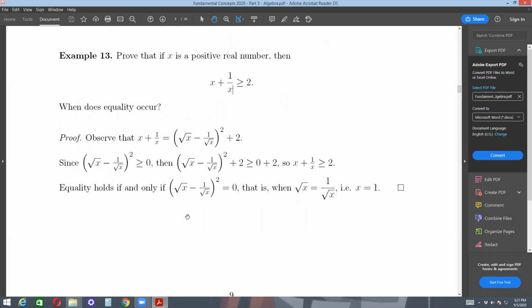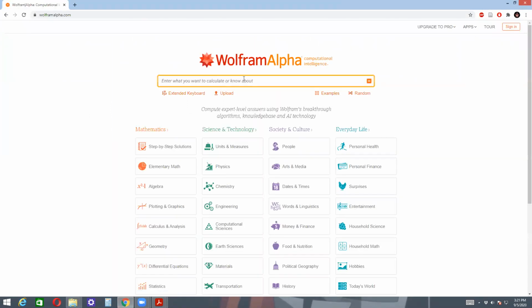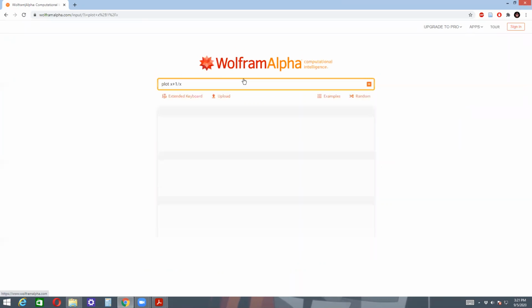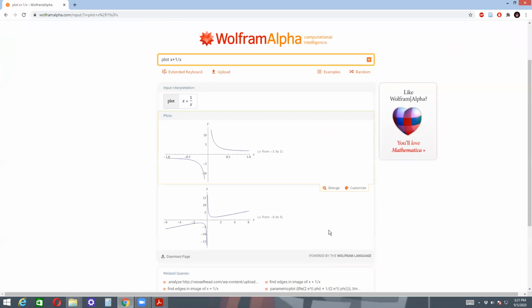To show you what I mean by that, if you look at a graph of x plus 1 over x, you'll see what I'm trying to explain there. Right, so this graph here, x plus 1 over x, that's what it looks like when x is positive.